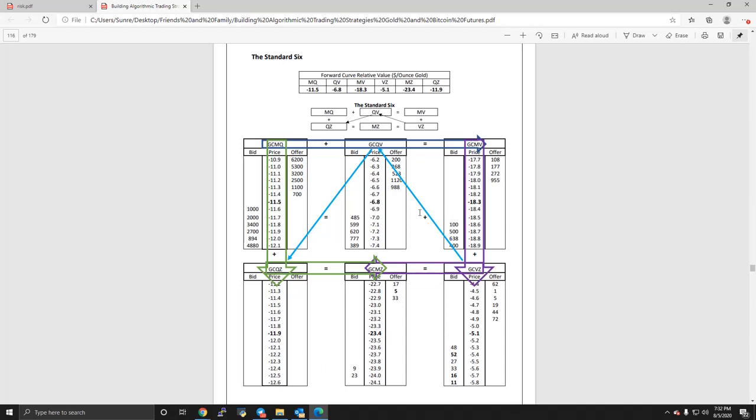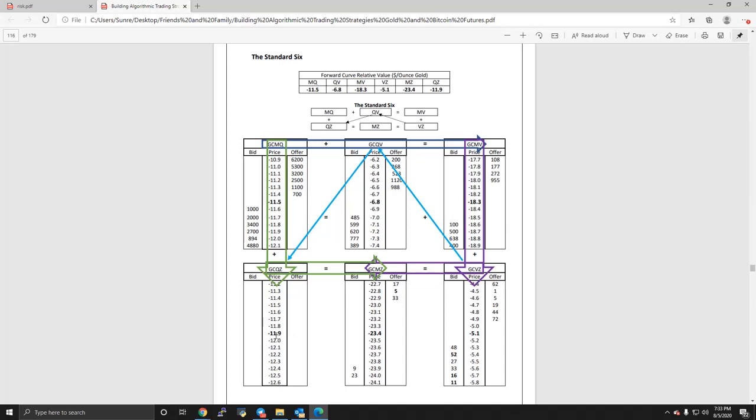Now you see this triangle here. So we have the VZ calendar spread market and we have the QV calendar spread market. The October contracts are going to offset there if we buy VZ and buy QV, and we're going to be left long QZ. And conversely, if we sell the VZ calendar spread and sell the QV calendar spread, we're going to be left with a short QZ calendar spread position.